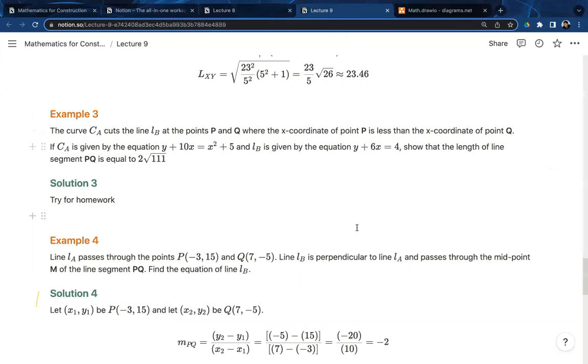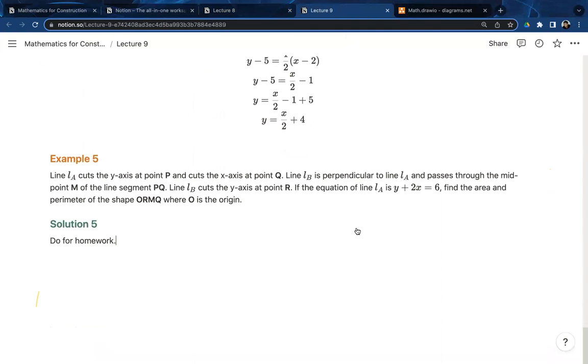This example 3 here. Example 4 is not a hard question because it's really just lines that have no curves. Advanced mathematics really starts when you get curves, like two quadratics intersecting each other. That's the kind of thing we're heading towards, right?